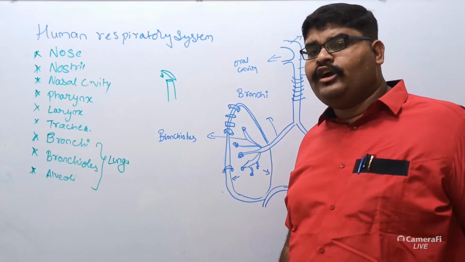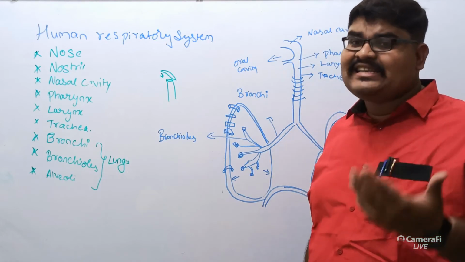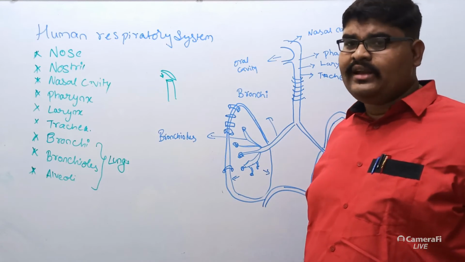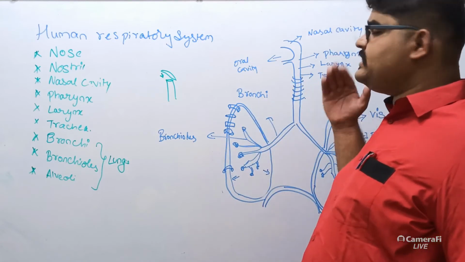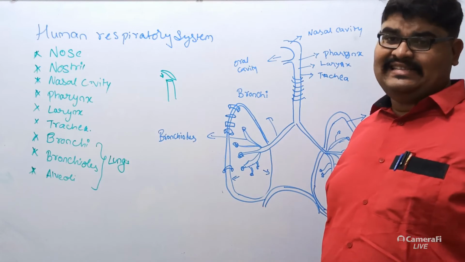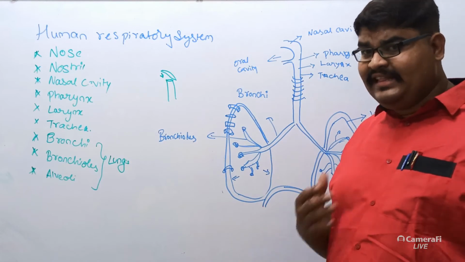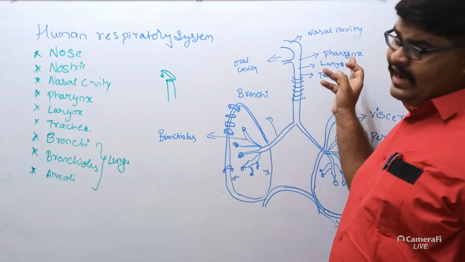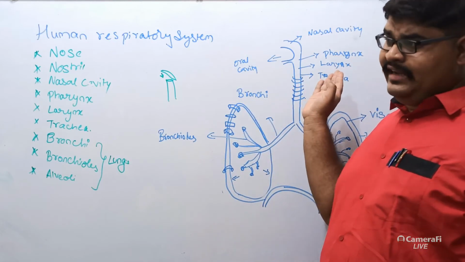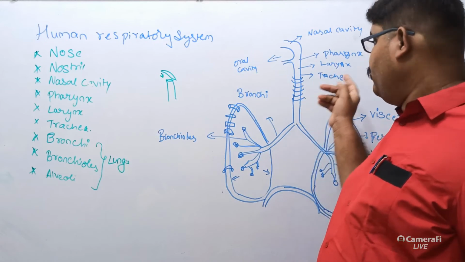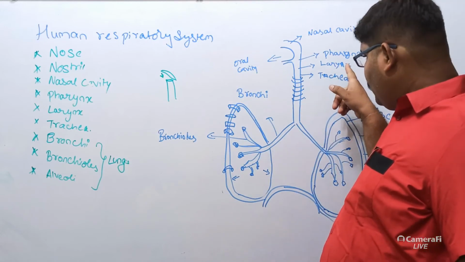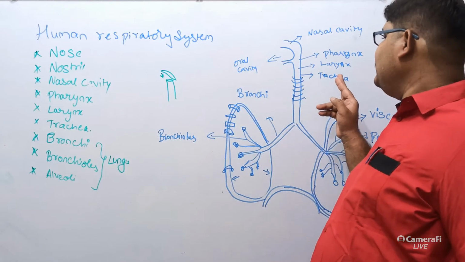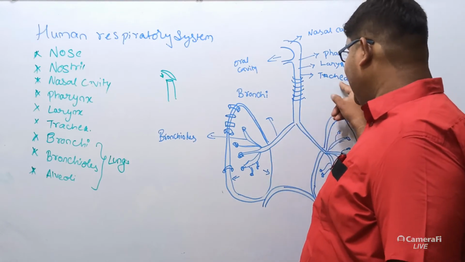When these vocal cords vibrate, it creates a sound which helps you in your speech. So this is the function of the larynx. It has no role in the breathing mechanism. Air just passes through this larynx, and when it is passing through, it also creates some sound.